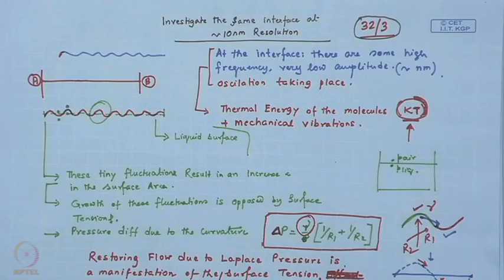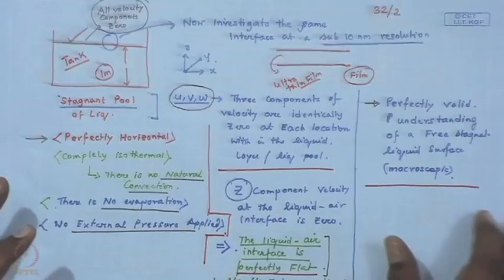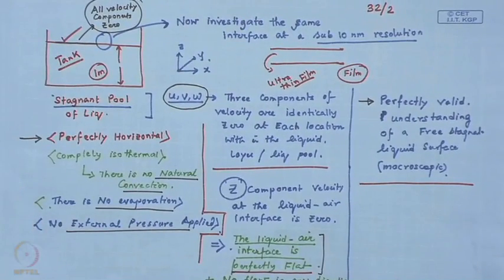origin in the thermal energy or the thermal vibration of the molecules, which is attributed to the kT component of internal energy. And of course, there can be some mechanical vibrations in a real situation which can also augment or lead to these fluctuations. The important thing to understand is that we have not assumed anywhere that we are talking about the liquid pool at an absolute 0 temperature.